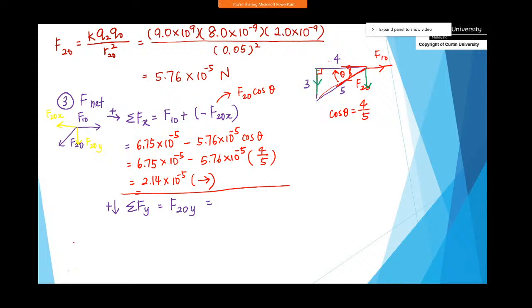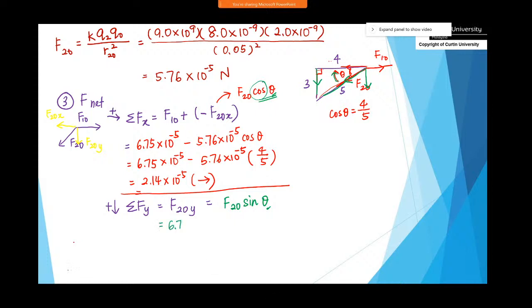So resolving your F2O to the y dimension, it will be the hypotenuse sine theta. Okay, so if you have already known how to resolve to the x dimension, which is in cos, then y will be in sine, provided the angle is the same.